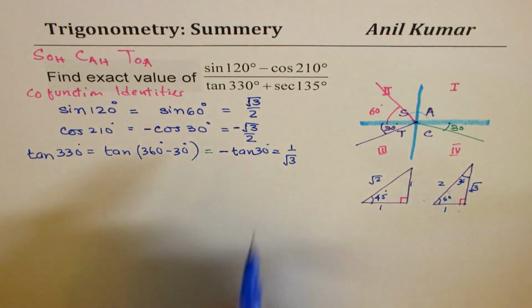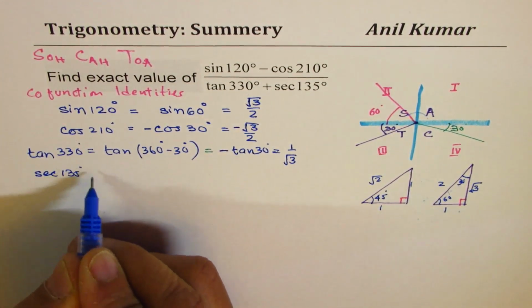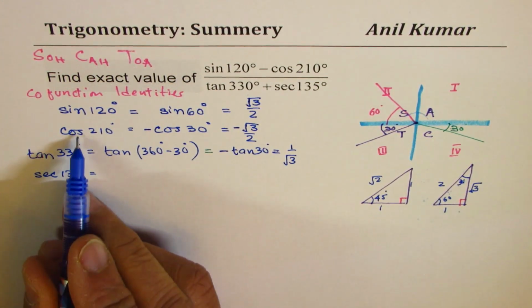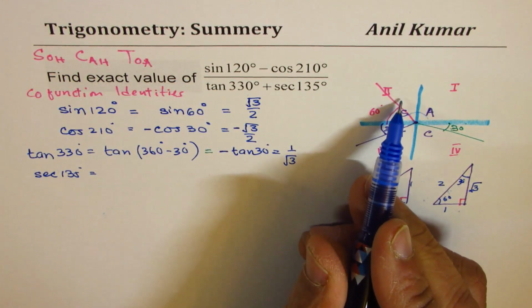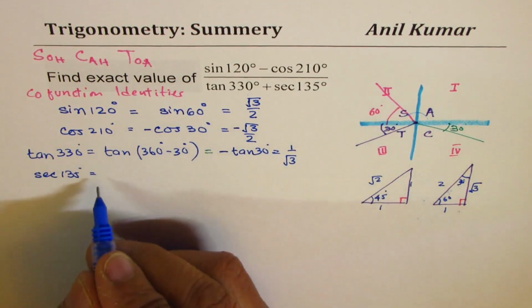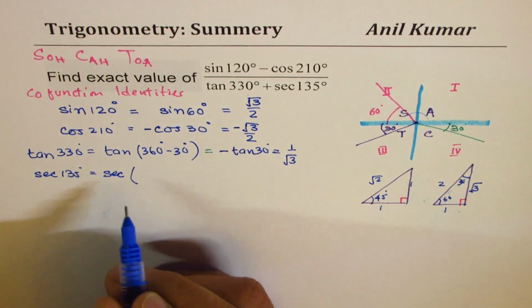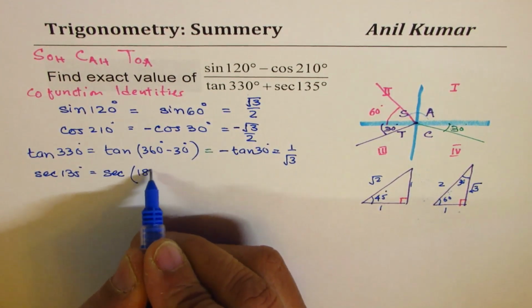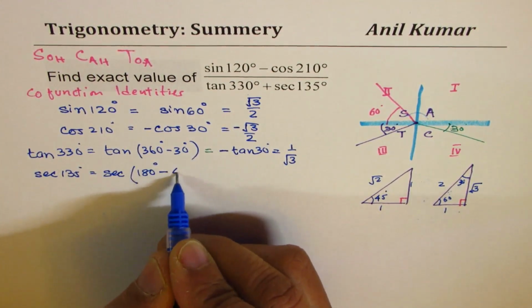Correct? The last one here is secant. So secant 135 degrees. Now secant is 1 over cos, remember that. So we'll follow the cosine rules. 135 degrees is somewhere in quadrant 2, right? You could write it in two ways. It's good to write in terms of 180 degrees minus, let's say, 45 degrees.